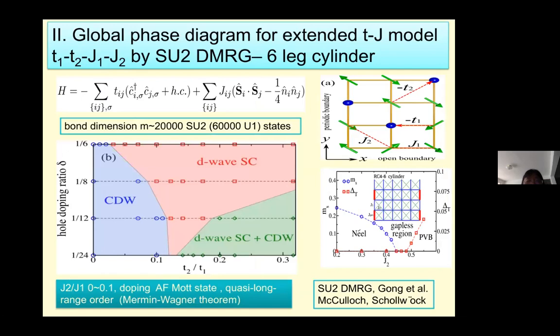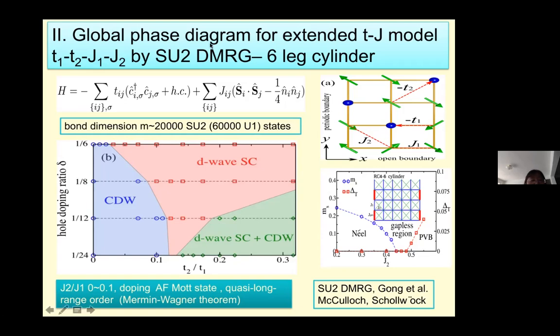So let me move on to the second part of my talk. I want to present a global phase diagram for the extended t-J model based on the SU(2) DMRG study. The main results are presented for 6-leg cylinders, and we also compared the results with 4-leg ladders.